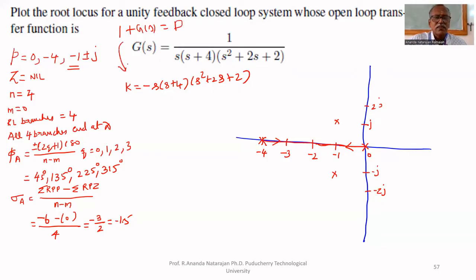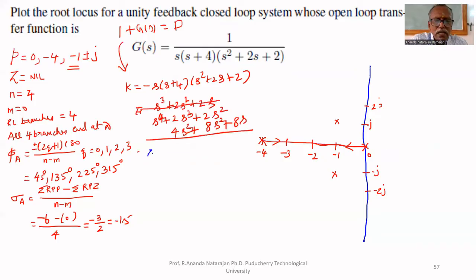From this we get s power 4 plus 6s cube plus 10s square plus 8s equal to 0. This is k.